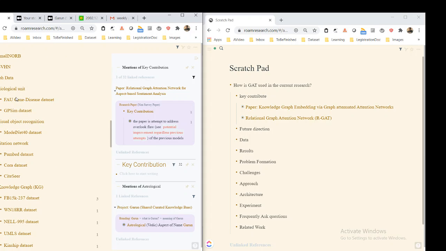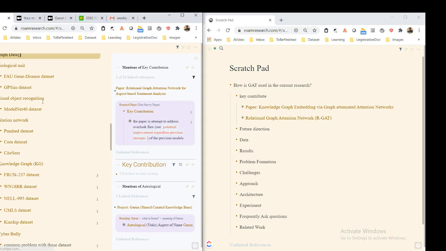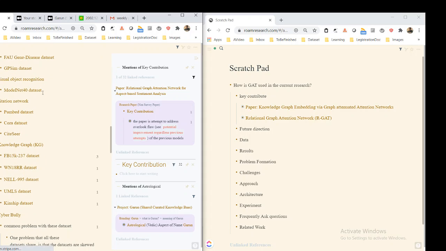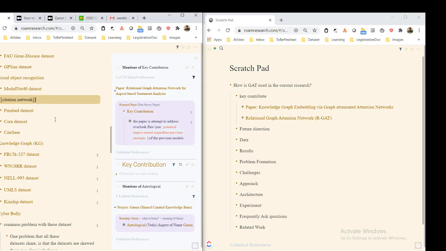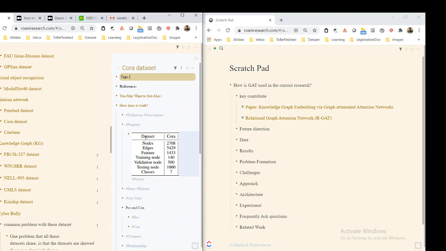So GAT is about graphs, and then I want to look for a citation network. An example is the Cora dataset, right? So there's a property about this.